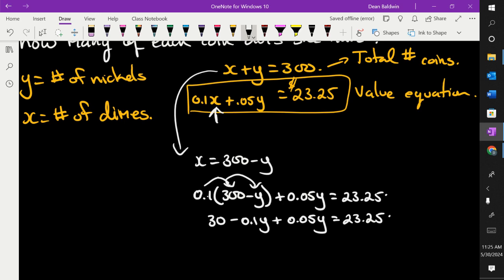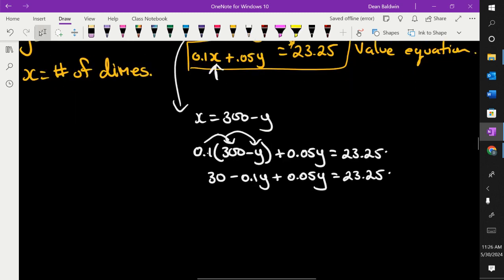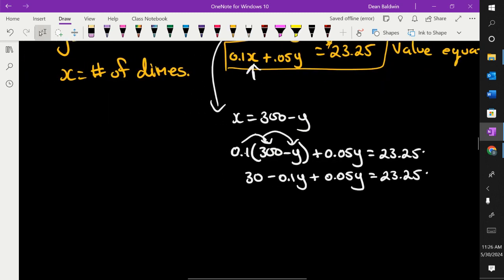All right, all I did was multiply that in, okay? Is everybody okay with that step? All we did was multiply the 0.1 into the brackets, that's it. Okay, now you got to collect your like terms.